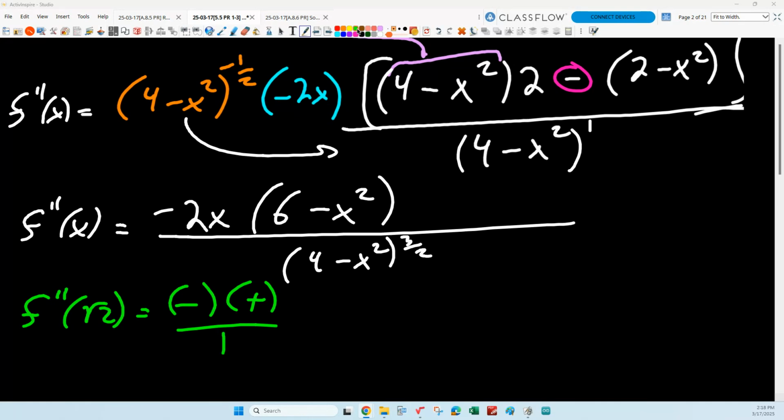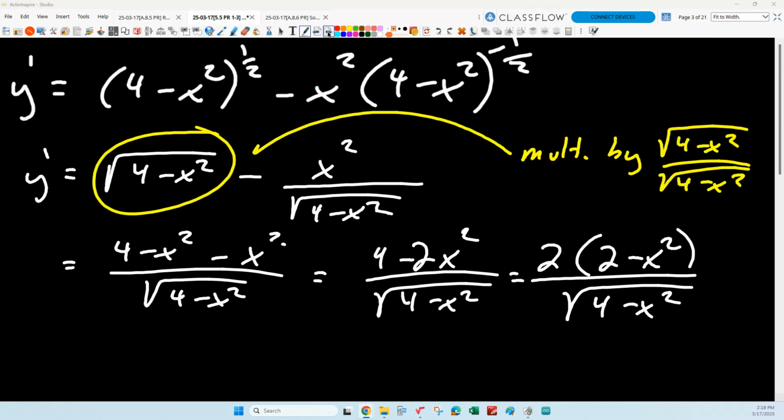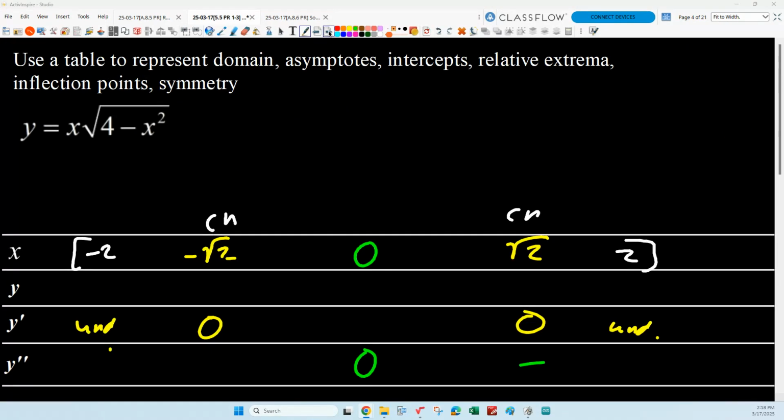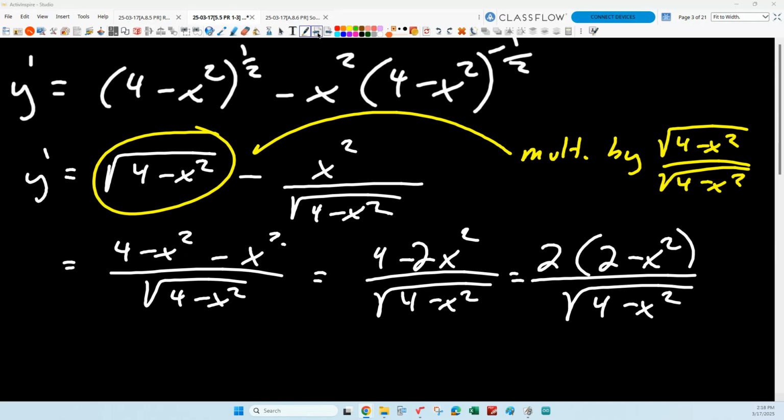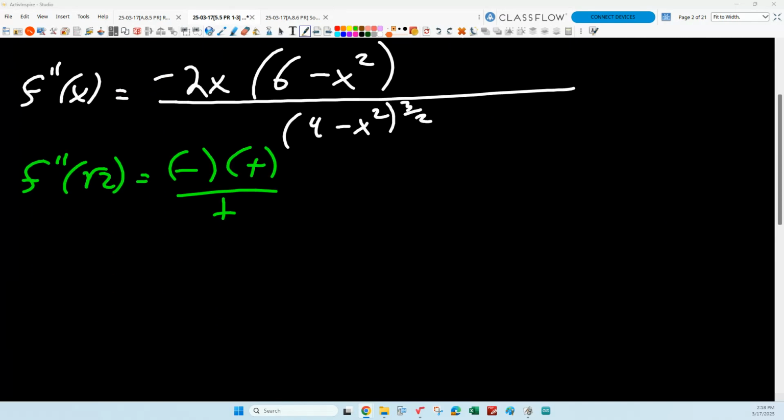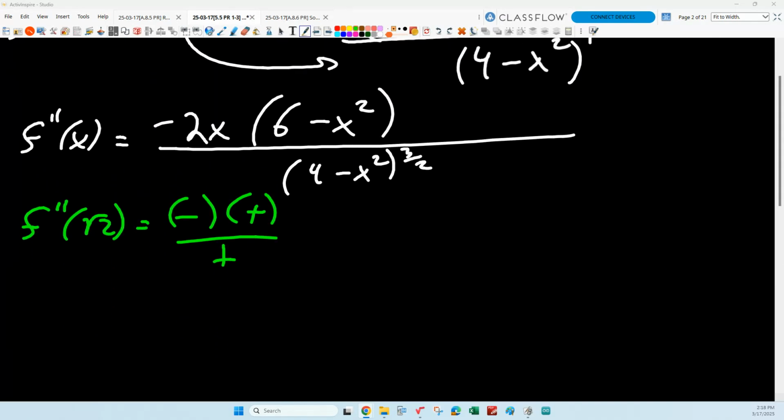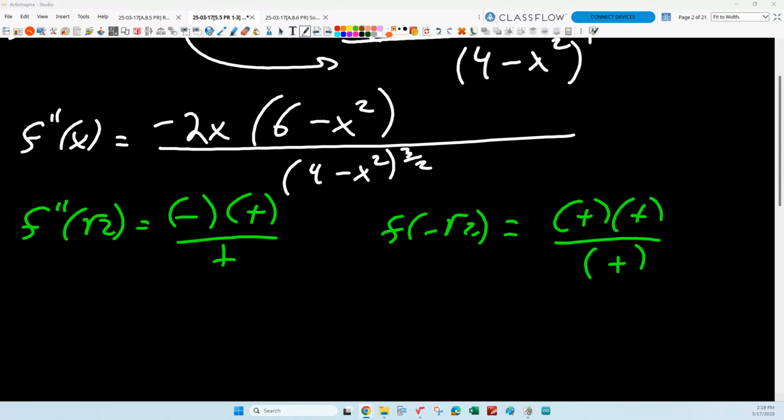Which is negative. So we get negative there. What would it have been if we had evaluated negative square root of 2? Positive, because we would have had positive times positive over positive.